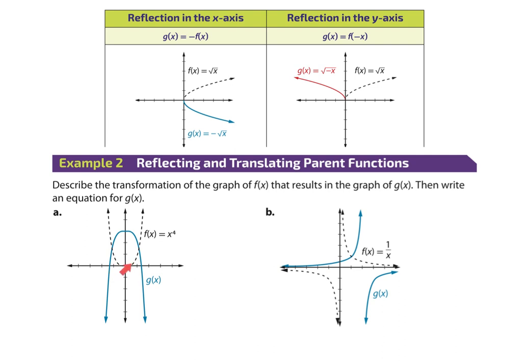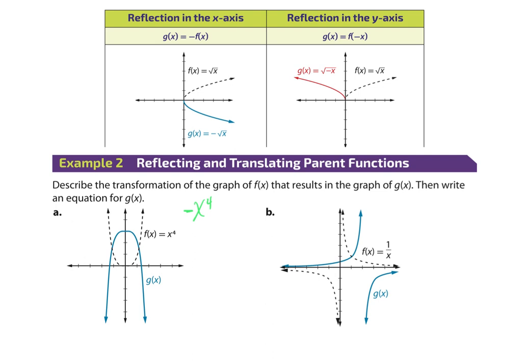They have reflected it, and obviously we're now going down. For this it's kind of hard to see, because if we reflected it the other way, it wouldn't move. So we reflected it down, which means it's across the x-axis. So I know that I'm going to have this x to the fourth, and I am going to have a negative on the outside. It's not going to be inside.